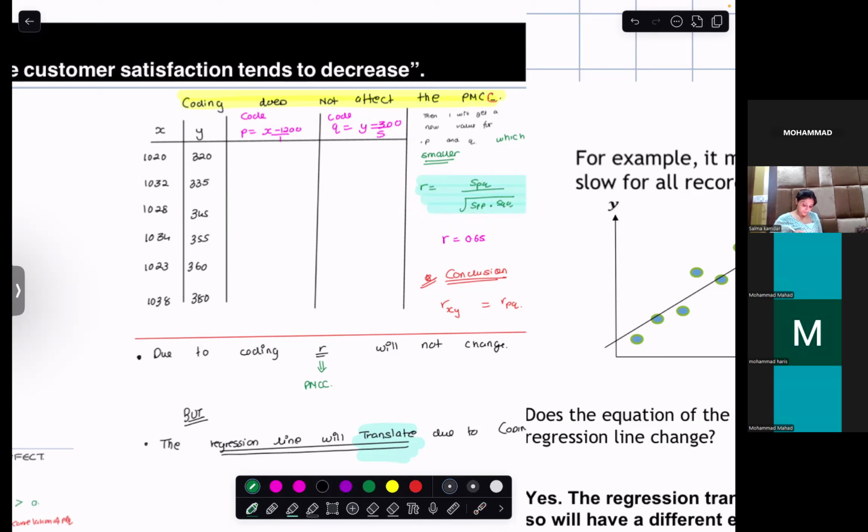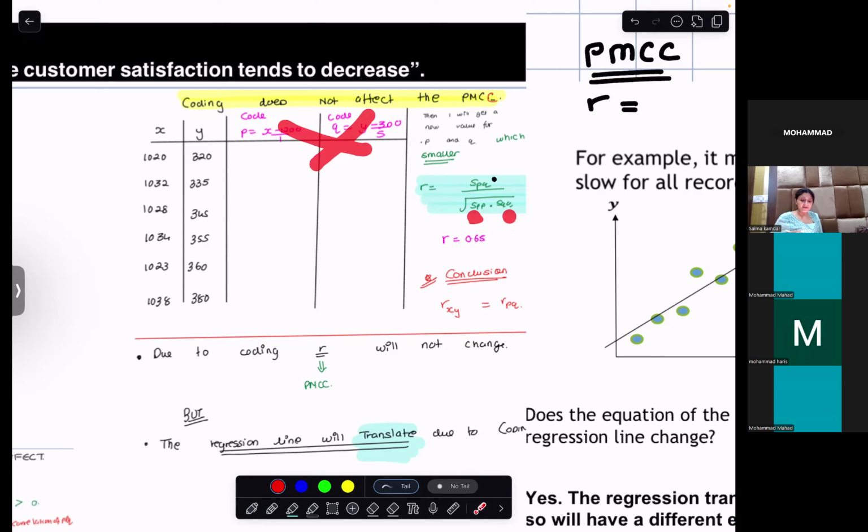This will be provided in the question, right? But you should know that when they ask you the strength, you have to calculate the PMCC. PMCC is given by R. If you want to calculate R, you will do SPQ divided by the root of SPP times SQQ.